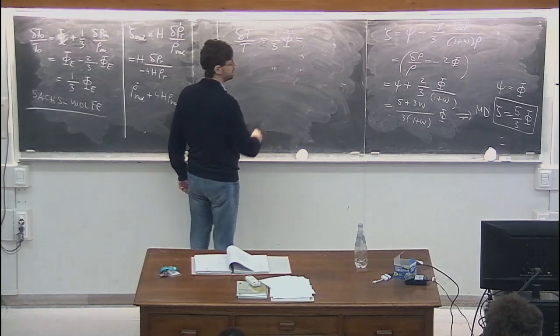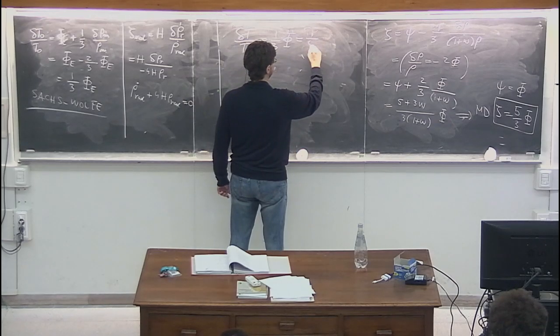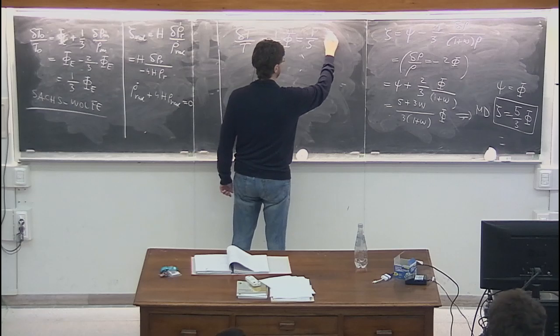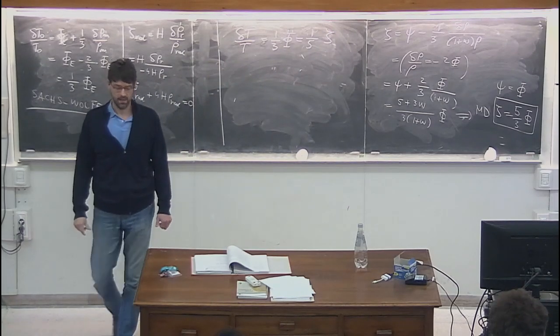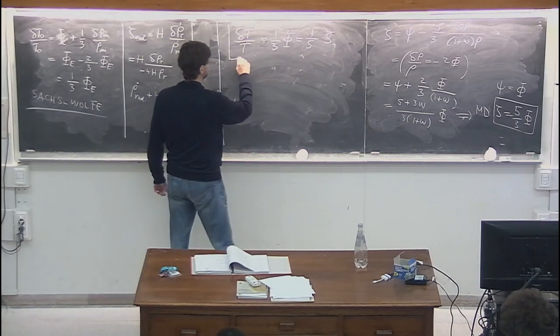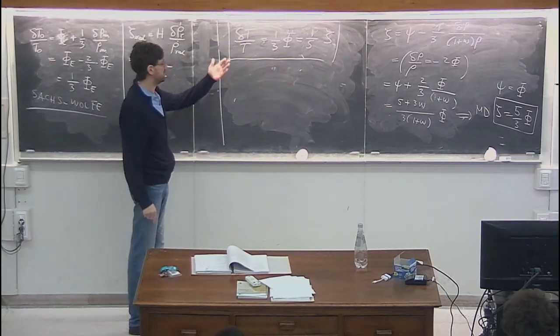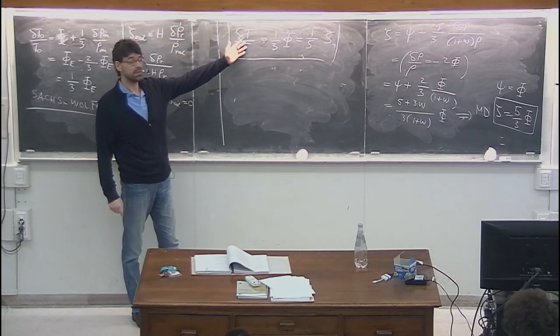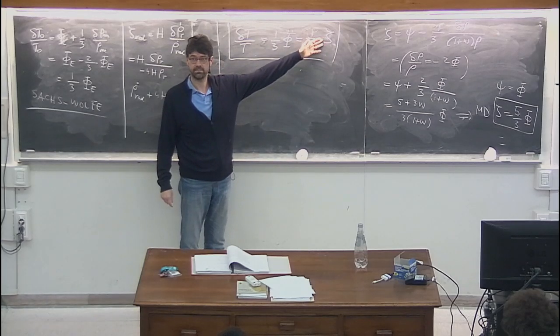Okay, from there I read that phi is equal to 3 over 5 zeta, so delta T over T is equal to 1/5 of zeta. And this is the fundamental relation that you can use, that relates the observed quantity to the quantity which is predicted by inflation.